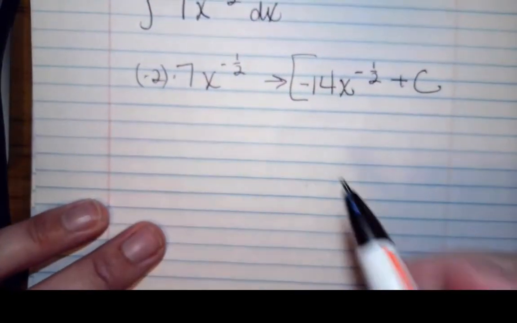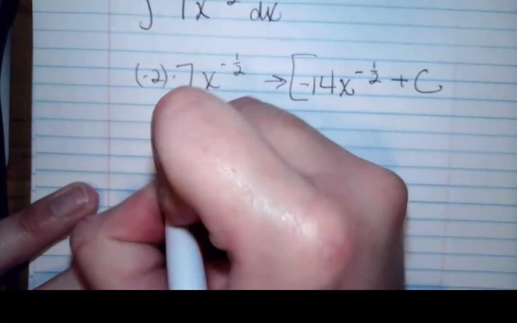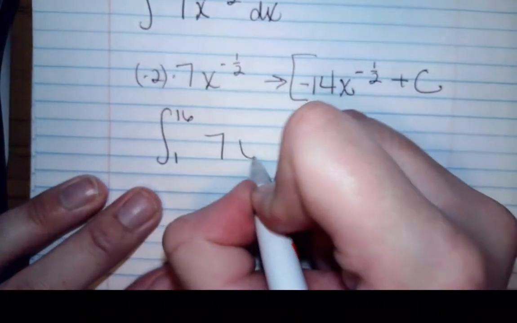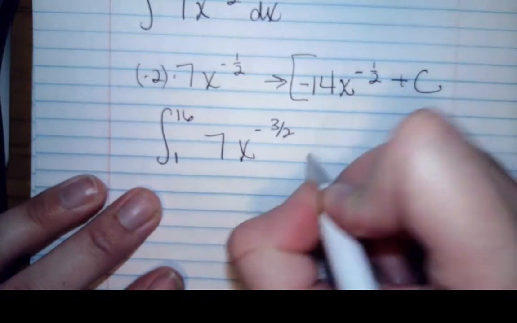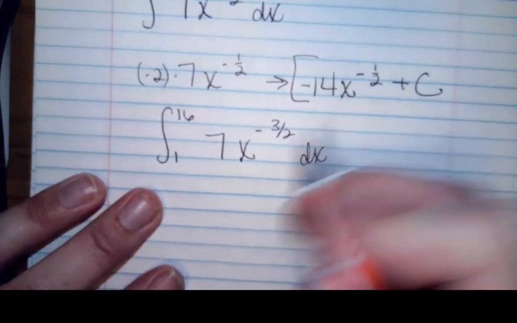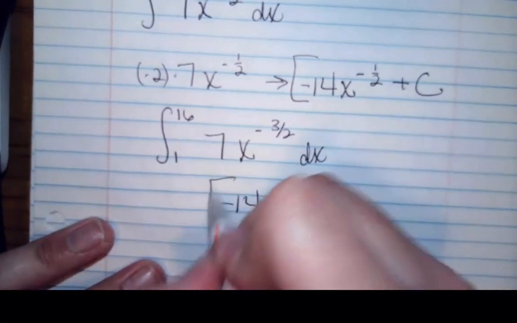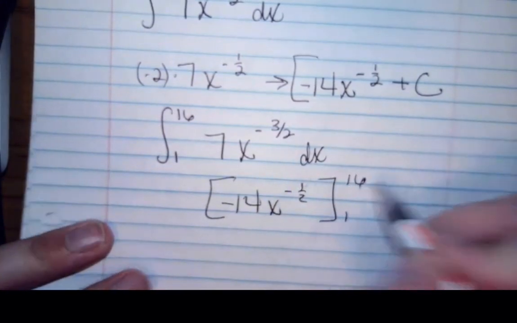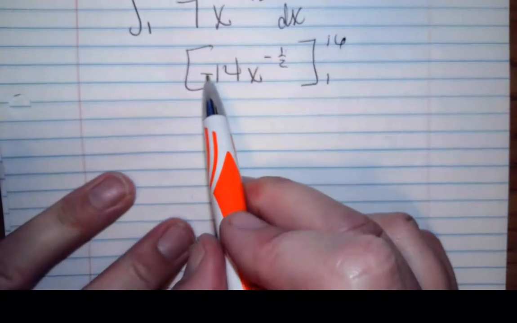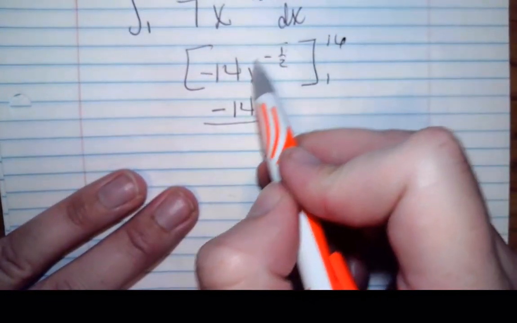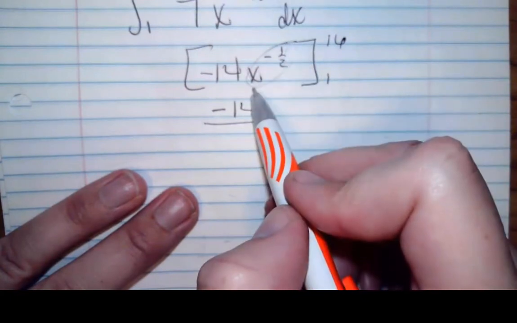The definite integral, we're going to go from 1 to 16. So the definite integral from 1 to 16 of 7x to the negative 3 halves, well, we already know that that's negative 14x to the negative 1 half, going from 1 to 16. So I get negative 14 over, remember this is the square root, but it's in the denominator.